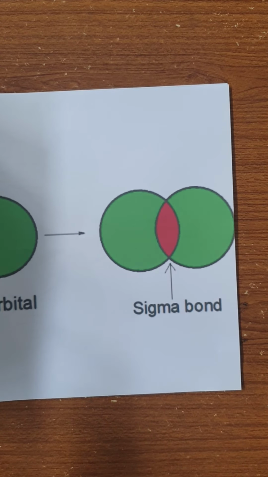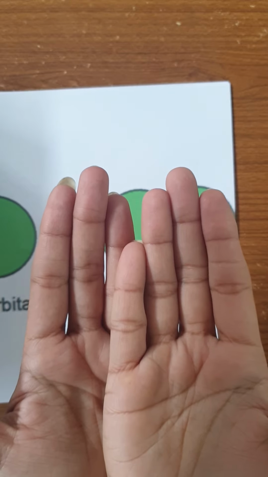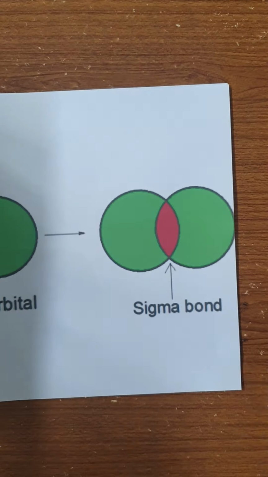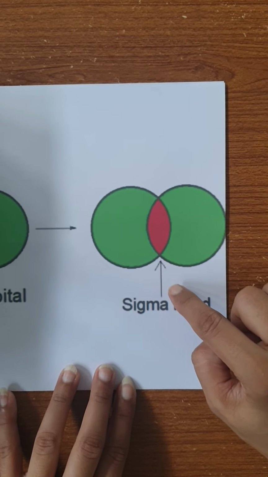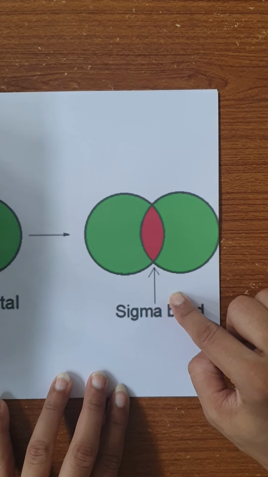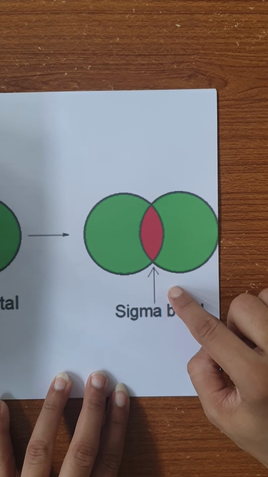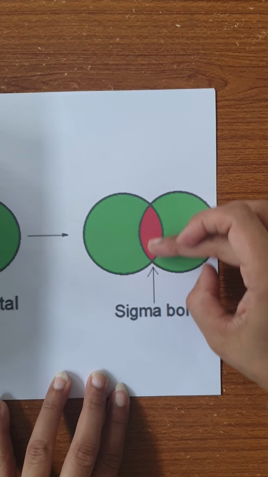So when the orbitals overlap with one another end to end, like that, that overlapping will result in the formation of a sigma bond. So when there is a sharing of electrons between the two atoms which overlap end to end, that end-to-end overlapping of the atomic orbitals will give us the sigma bonding. So this is the molecular orbital.